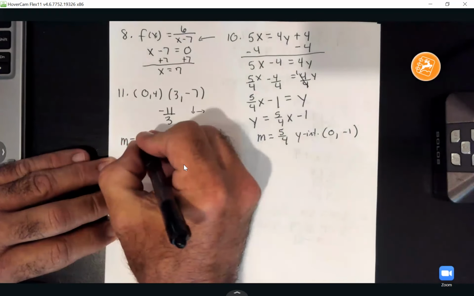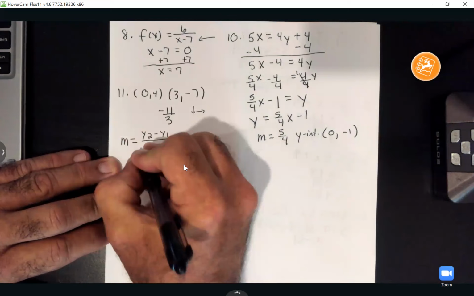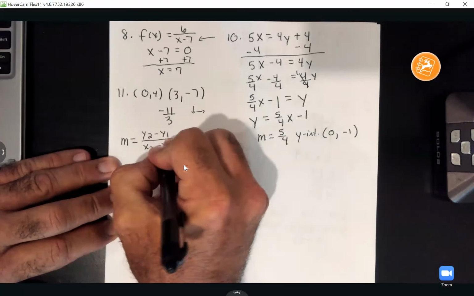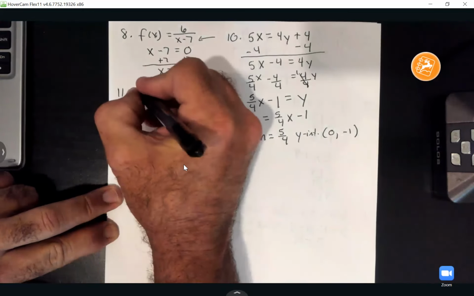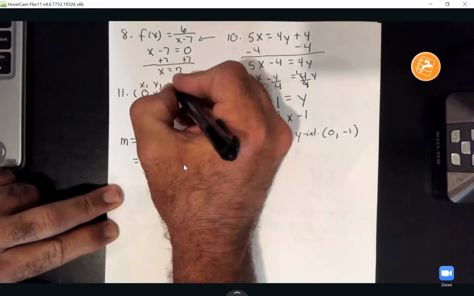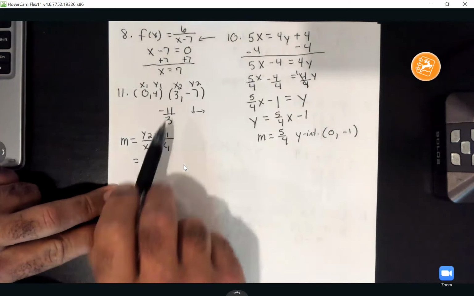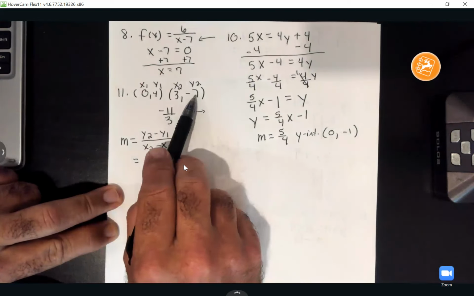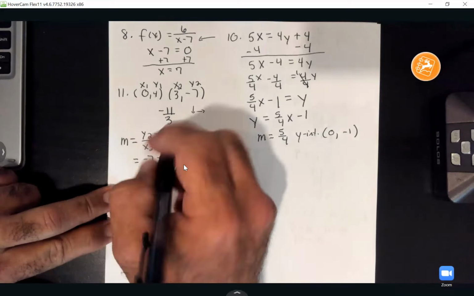So these points, remember, the slope is y2 minus y1 over x2 minus x1. The first point gives you x1 and y1. The second point gives you x2 and y2. So y'all notice, y2 is -7 minus my y1 is 4.